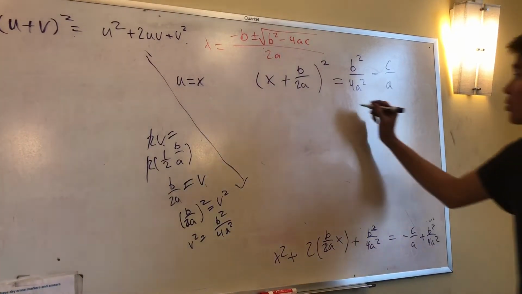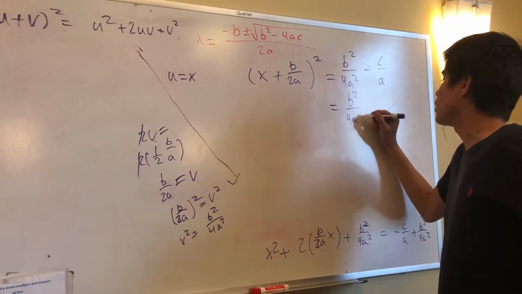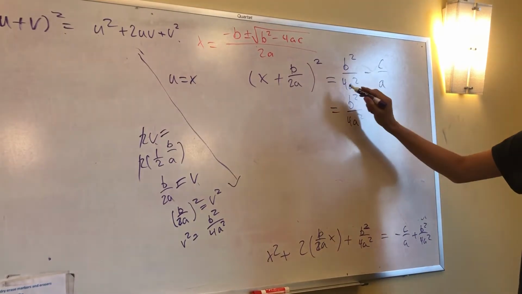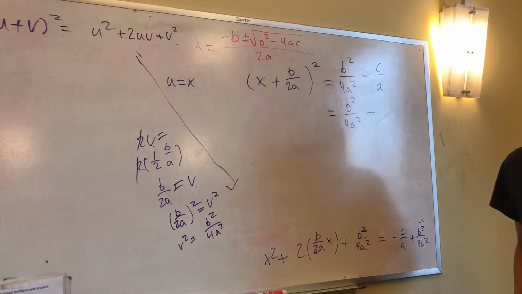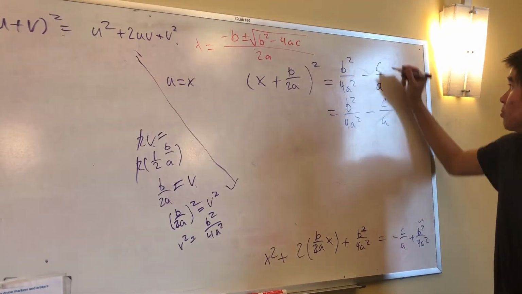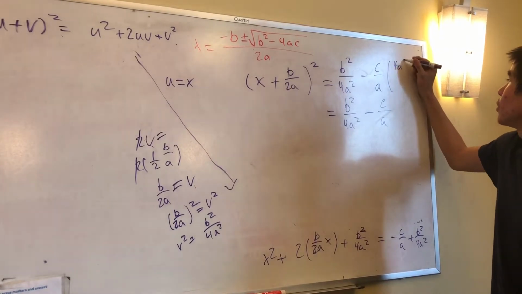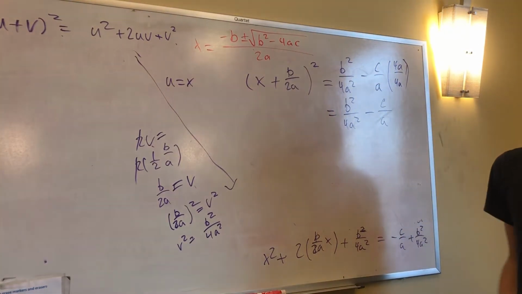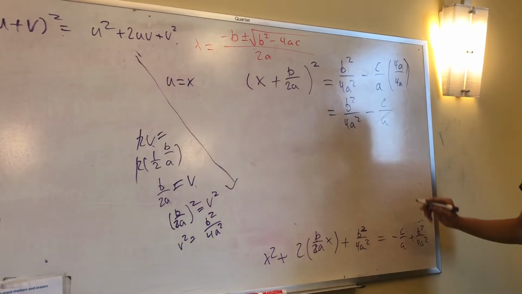Well, what we can do is set this equal to b squared over, well, this stays the same, b squared over 4a squared. And now we have to have the same denominator. So a times 4a will be 4a squared. So let's multiply the top and the bottom so as to keep this the same. If we multiply 4a on the top and the bottom, 4a over 4a, that's equal to 1 because that's a ratio of the same over the same, that will make it 1.